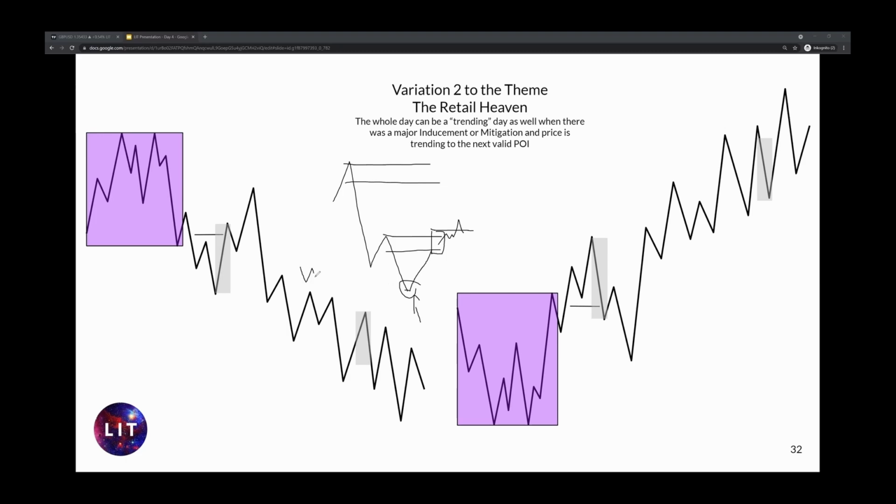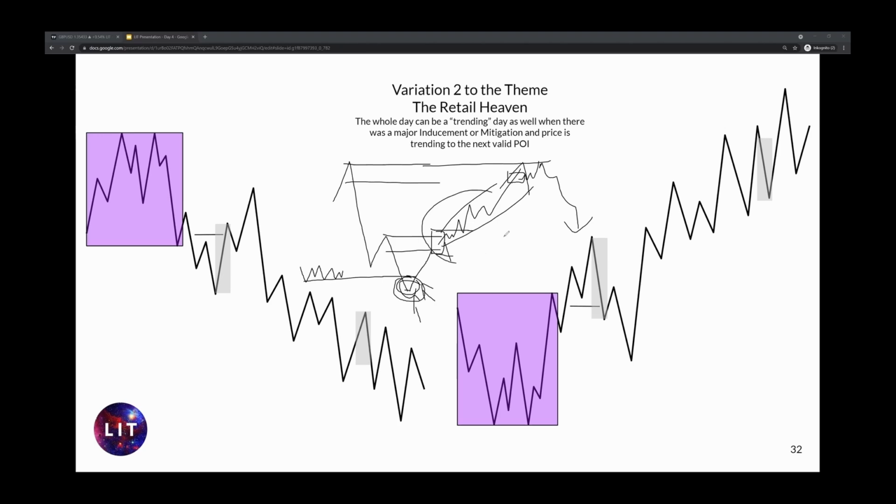Let's say liquidity was highly built up here, and this by itself was a major inducement. Technically it's nicer if you get a breakout low and then go higher, but sometimes they grab so much liquidity in this major inducement that they can range the whole day still here. You just need to identify that the next area would be here: Asia range, London, perfect, and then reversal.